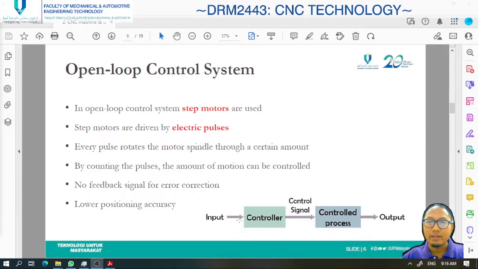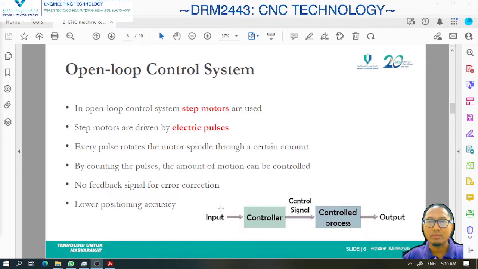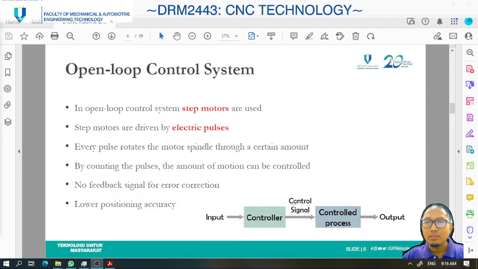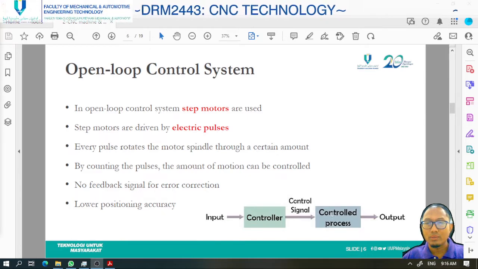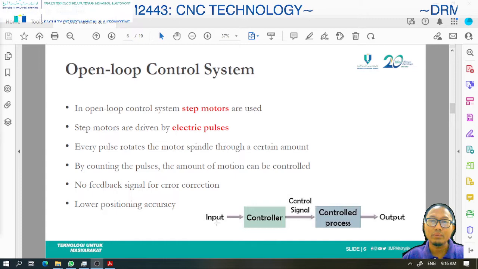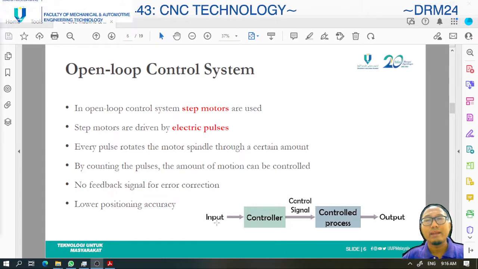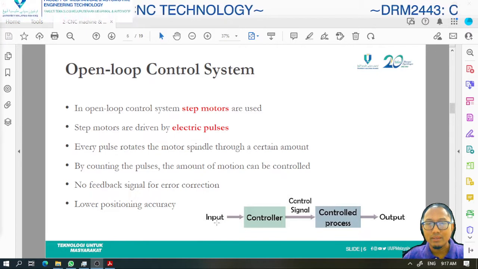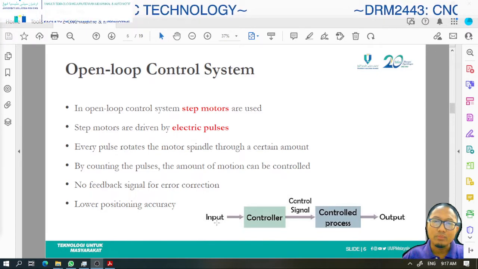If you look at the diagram, basically we have the input from the electric pulses. It sends the signal to the controller, and it will control the process, and we are going to get the output. For example, an input like move in the X direction 10 millimeter.